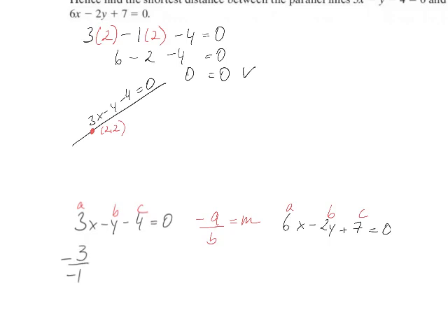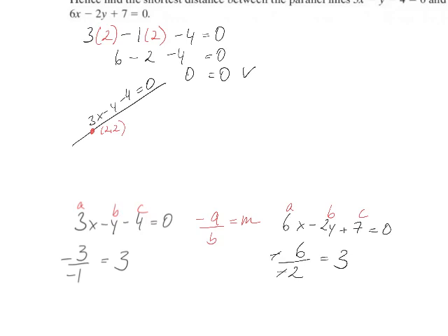So the minus and the minus cancel each other, so we end up with 3. And on the other one, again, we have minus 6 over minus 2. The minus cancels, and 6 divided by 2 is 3. So as you can see, they have the same slope, 3 and 3, which means they are parallel.